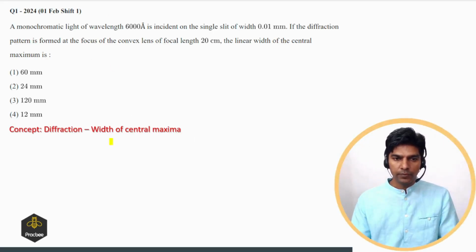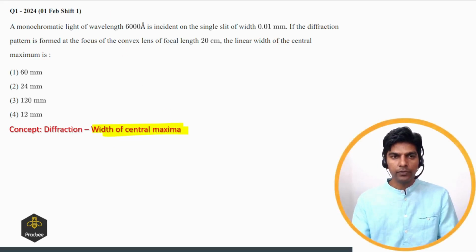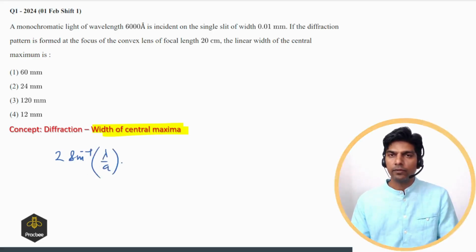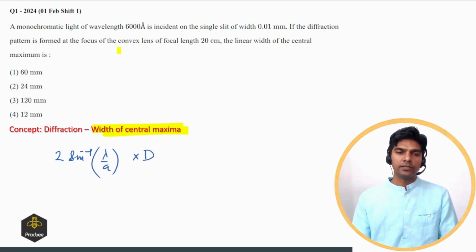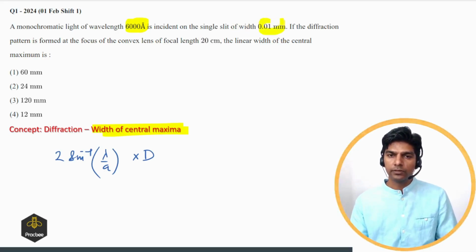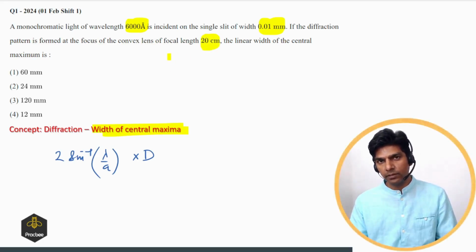So the answer will be 6. Now the next problem type is based on the width of central maxima, and we know that the width of the central maxima is 2 sine inverse lambda by a, that is the angular spread, multiplied with capital D. Now let us see the question. A monochromatic light of wavelength 6000 angstrom is incident on a single slit of width 0.01 millimeter. If the diffraction pattern is formed at the focus of the convex lens of focal length 20 centimeter. So basically the screen is placed at the focal plane. So we can assume capital D as 20 centimeter.